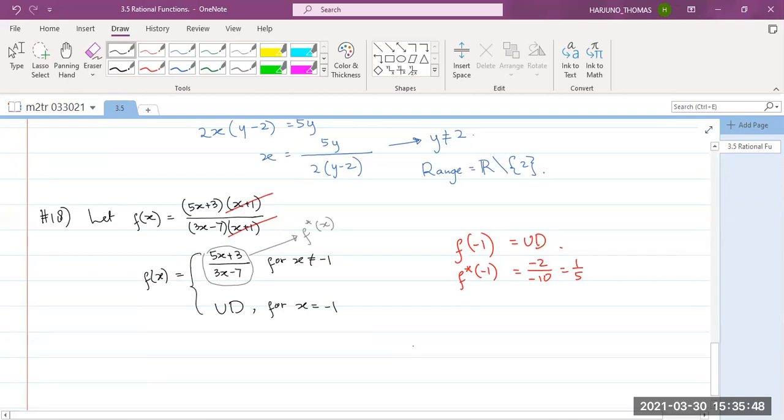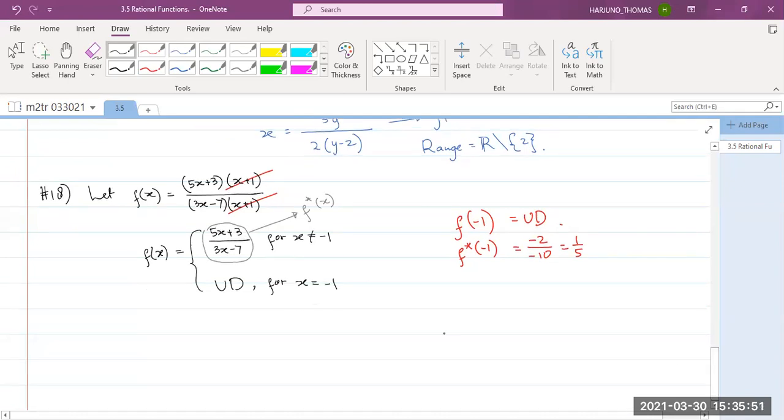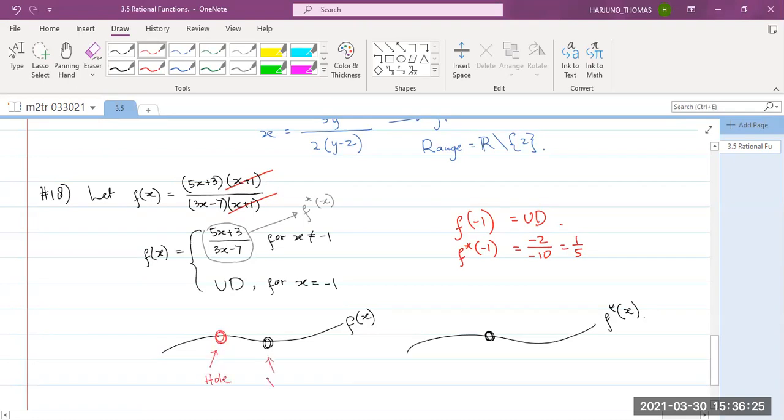So let's say this is the graph of f star x. It is undefined at 7/3, right? Now, the graph of f(x) will be the same graph, but we have an extra undefined point at -1. Now that's the hole, while what happened at 7/3 will be a vertical asymptote.